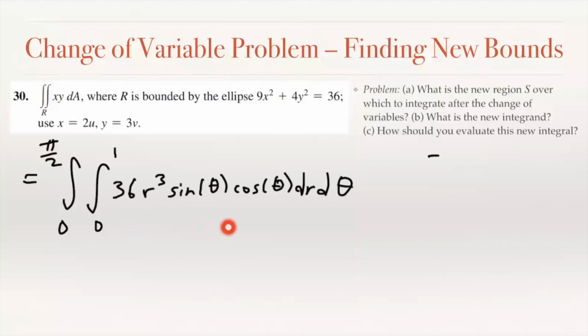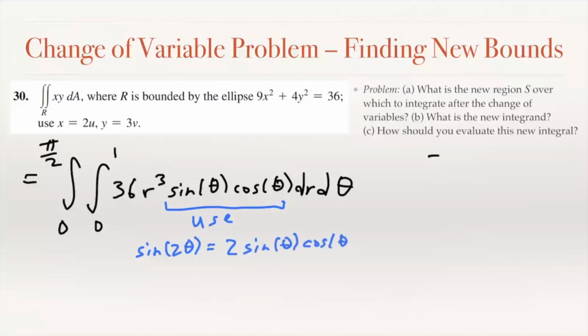So we wound up with this integral. And for sine theta times cosine theta, to integrate that, use that sine of 2 theta is 2 sine theta cosine theta. That's the double angle identity. Whenever you see a sine times a cosine by itself, and you want to integrate it, it's the same as 1/2 times sine of 2 theta.